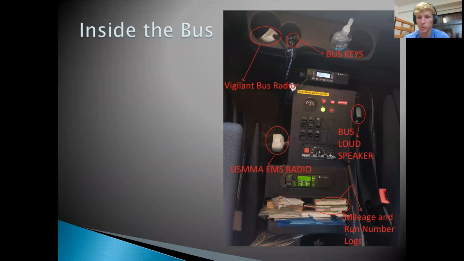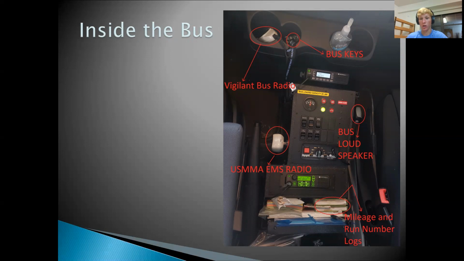Here's what the driver sees. You can use the vigilant bus radio to call in the 21s, 22s. The keys for the buses are push start, so you can just leave the keys in there. The EMS radio is down below it, then the bus loudspeaker, and the books down below the EMS repeater are the mileage and run log number.